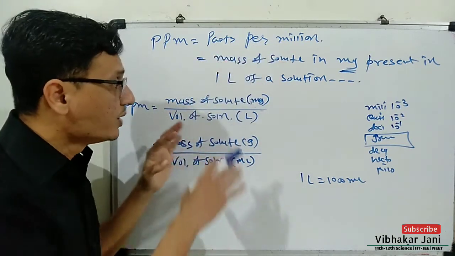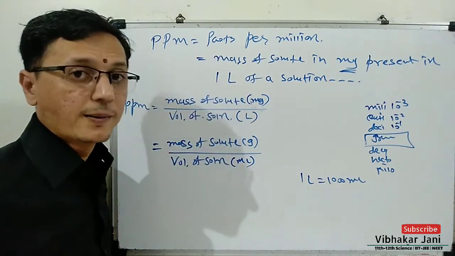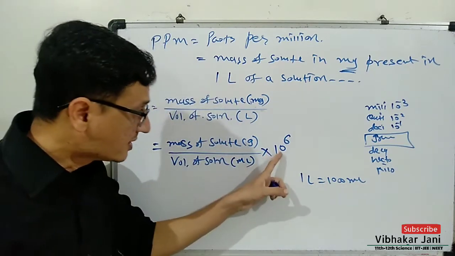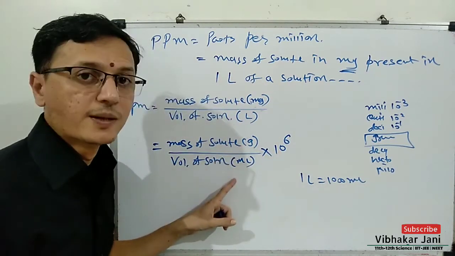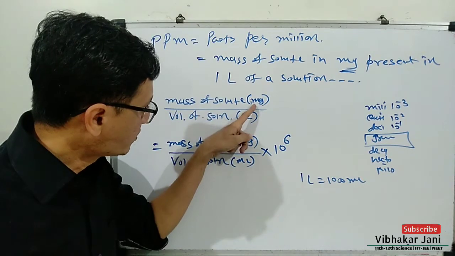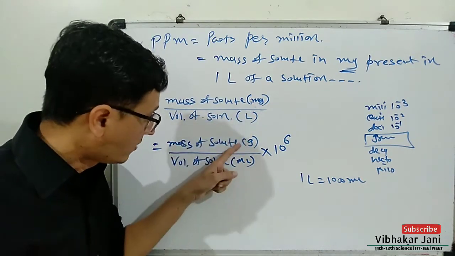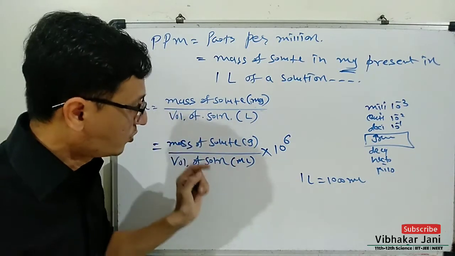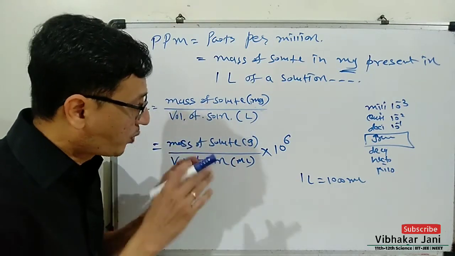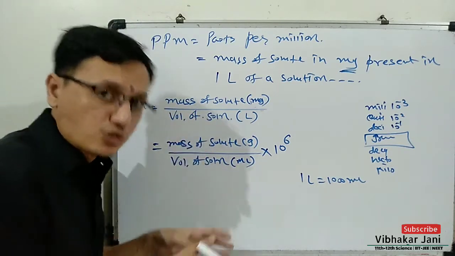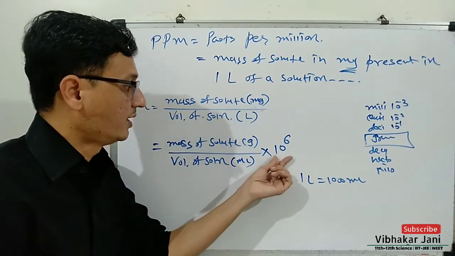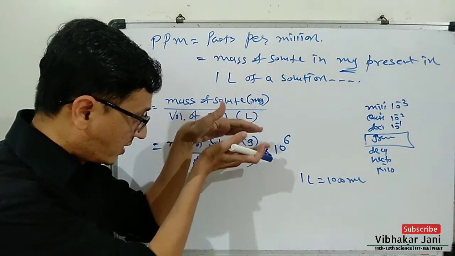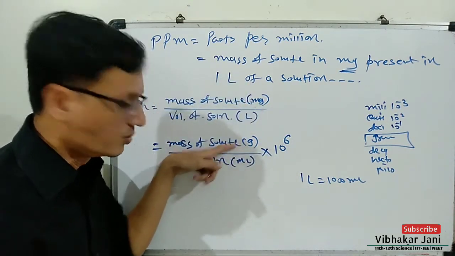So to equalize both these formulas, I have to multiply this formula with 10 to the power 6, because this is the difference between these two units. According to the definition, the units were milligram and liter, but I have written gram and milliliter. So if I want to get the proper meaning which the definition shows, then I have to multiply this formula with 10 to the power 6, because this is the total difference between these two units.